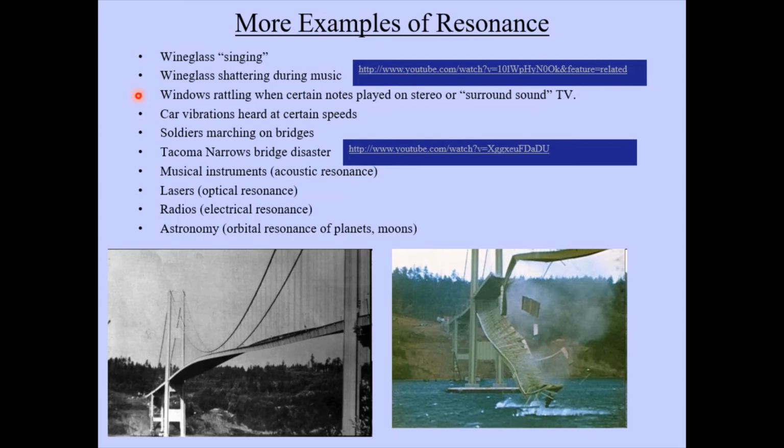The natural frequency of the window is matched by the driving frequency of the sound, and only certain sounds will cause that resonance. The same thing goes for those annoying vibrations that you sometimes hear in your car. You might have something on the dashboard of your car, or maybe your glove compartment door will sometimes vibrate, and you'll hear it buzzing when you drive your car at certain speeds.